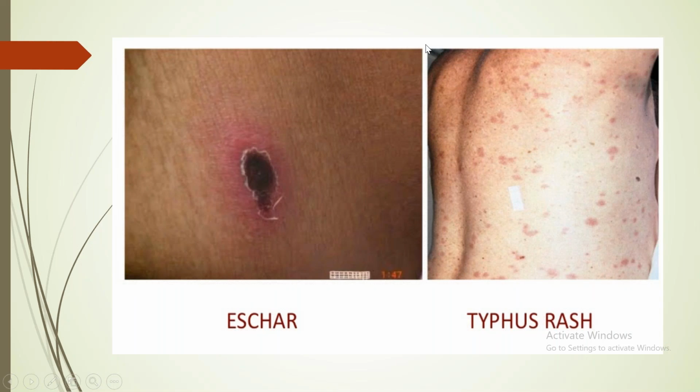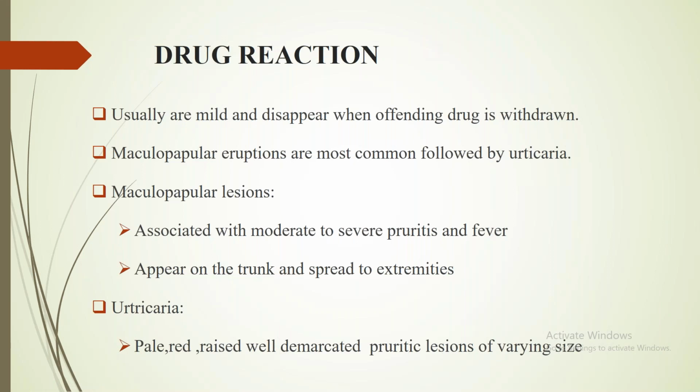Then there can be rickettsial or typhus rash. Then a very, very important differential diagnosis is drug reaction. Because mostly the mother will come and say that the child has had fever for 1 day, and I gave paracetamol yesterday and after that he got a rash.